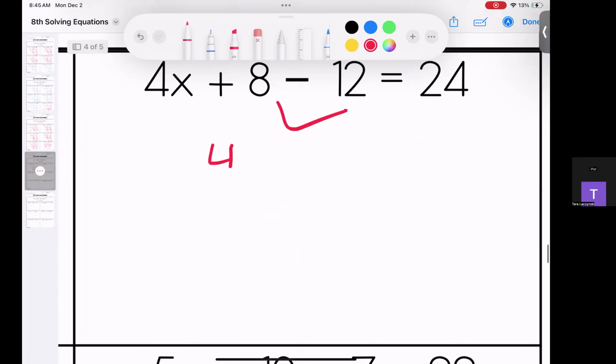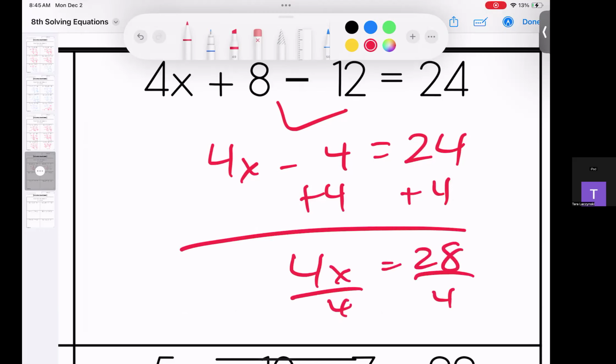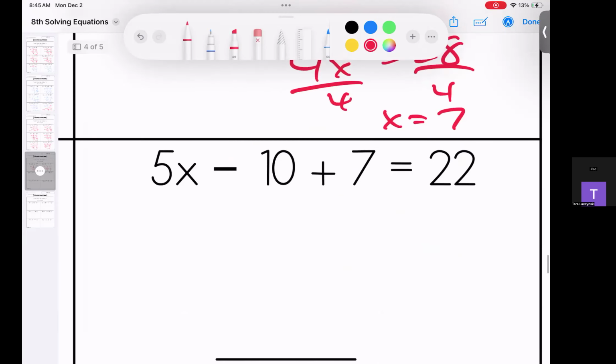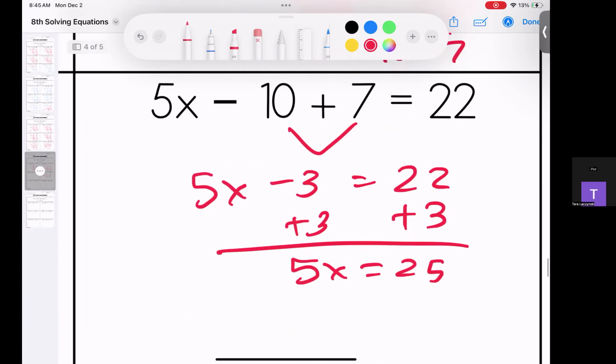Over here is going to be a negative 4, which we're going to add to both sides. X is equal to 7. Over here, we're going to have a negative 3, which we're going to add to both sides. X is equal to 5.